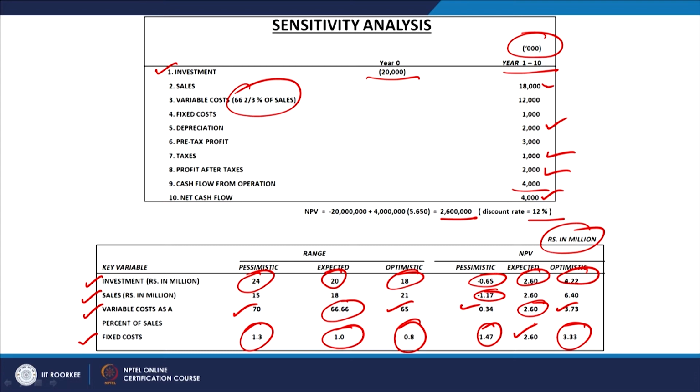So, we are trying to find out the sensitivity level of the NPV of the project towards the variables of the project, and the variables are investment, sales, variable cost, fixed cost, depreciation, all these variables. So, how sensitive is the NPV of the project towards the different variables making up the total project.